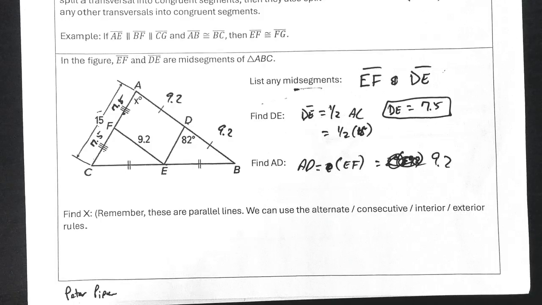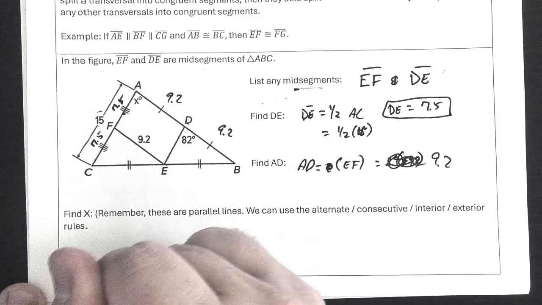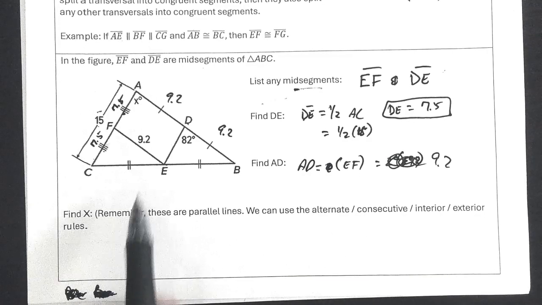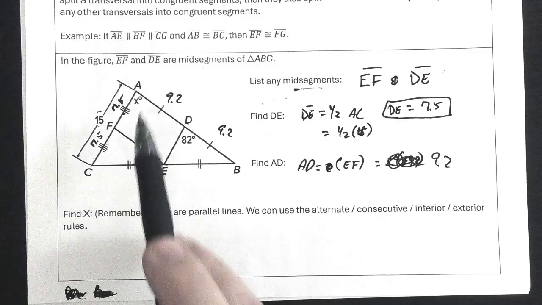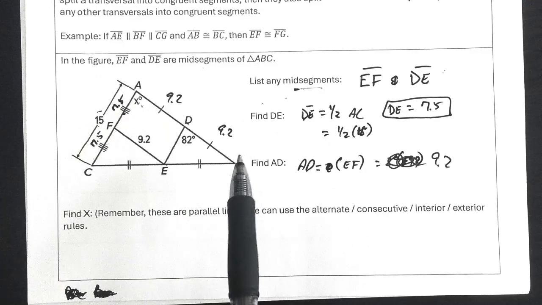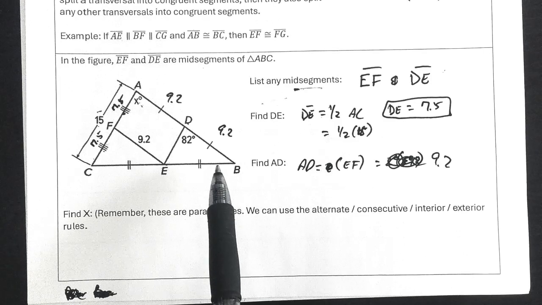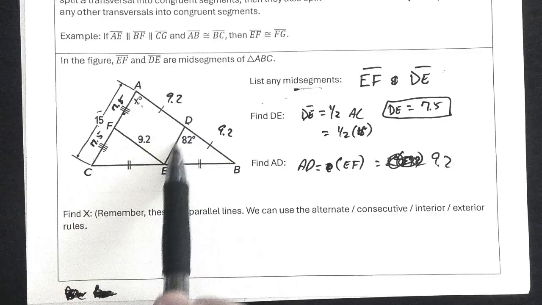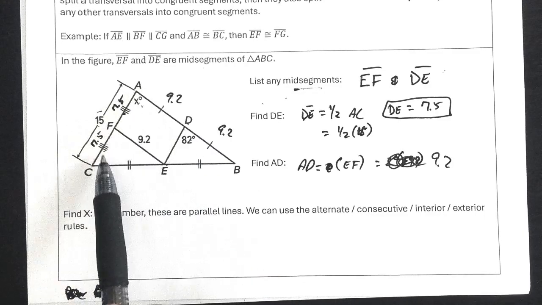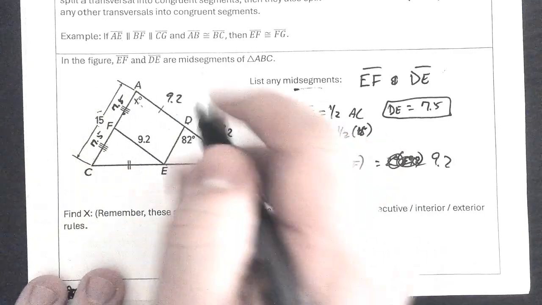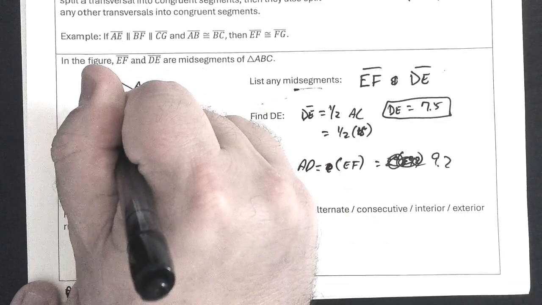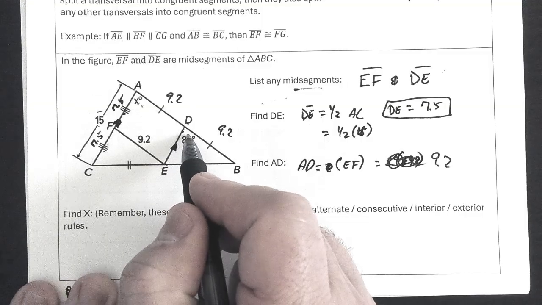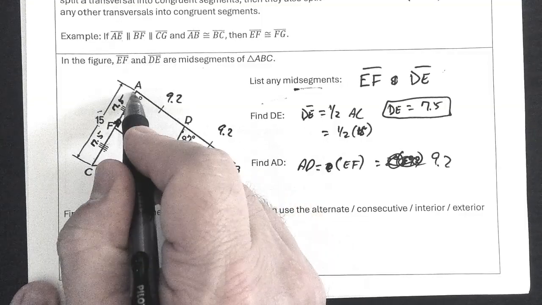Oh, and there's another part of the problem that I was missing. All right, so find X. So we're looking for this angle, and we have this angle. Remember, the mid segment and the third side of the triangle are parallel. So if these guys are parallel, this would be to the right of the parallel, below the transversal.